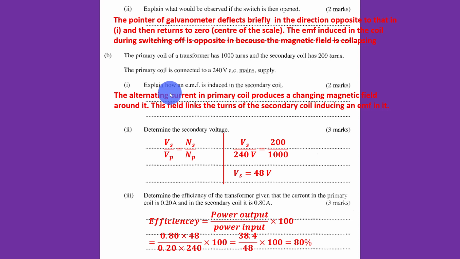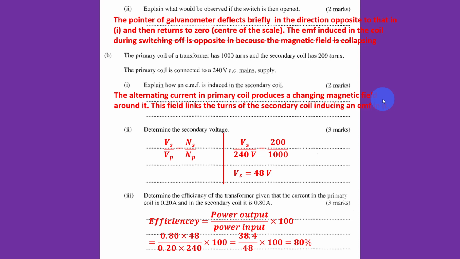So here we are explaining how the transformer produces an induced EMF in the secondary coil. The alternating current in the primary coil produces a changing magnetic field. The concept of the changing magnetic field brought about by the AC is important. Remember, in one of the questions earlier on, we talked about why power is generated as alternating voltages.